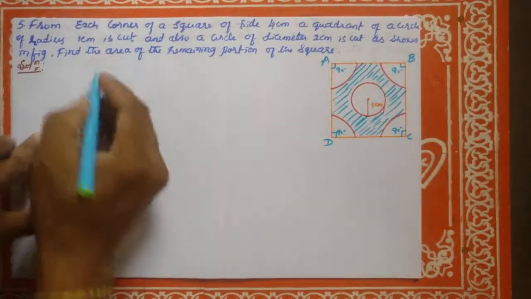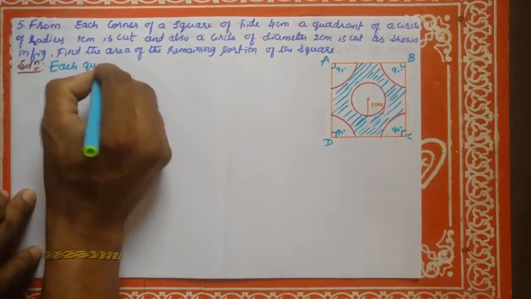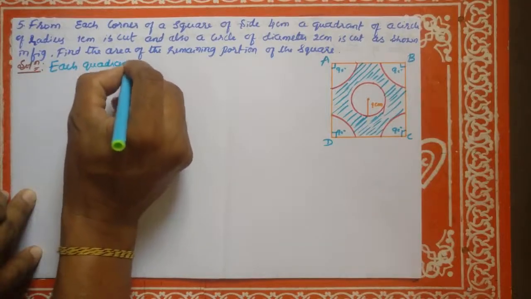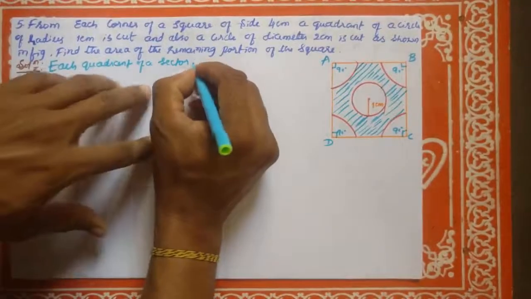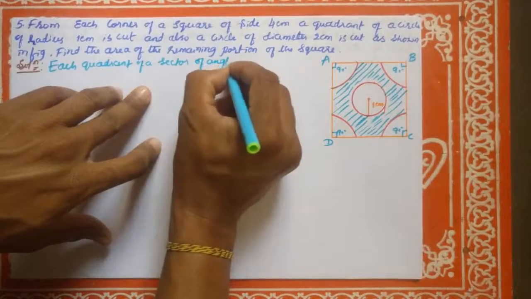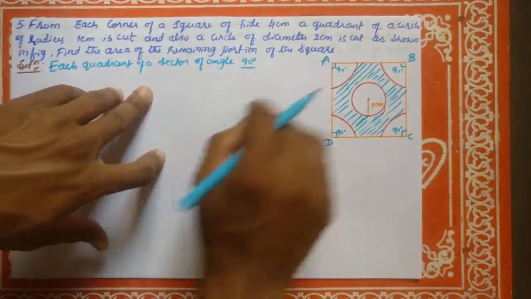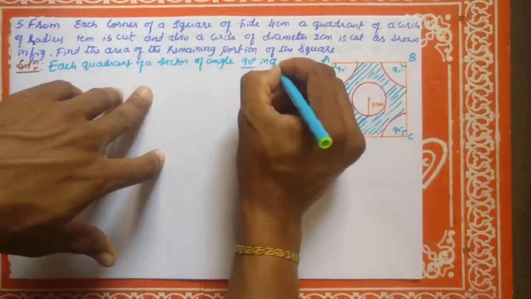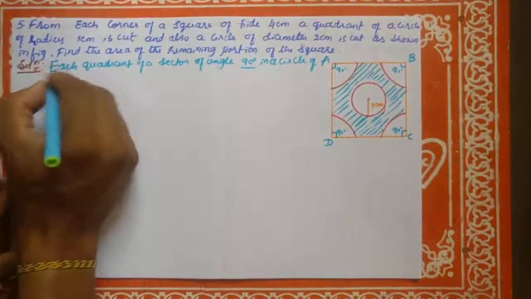Each quadrant is a sector of angle 90 degrees in a circle of radius 1 centimeter.